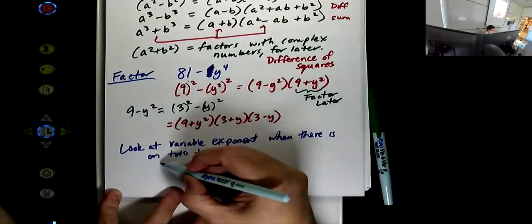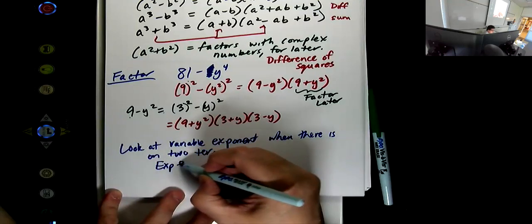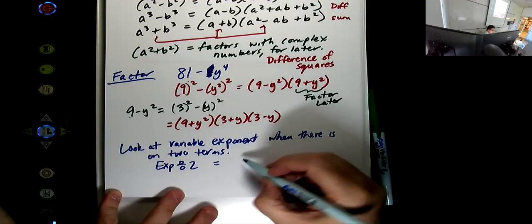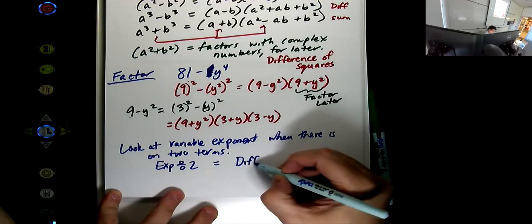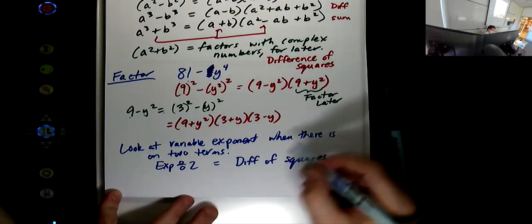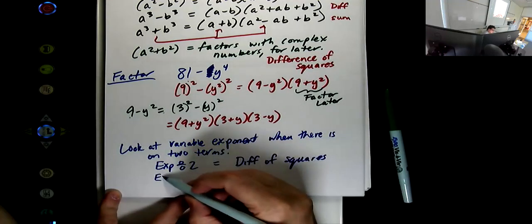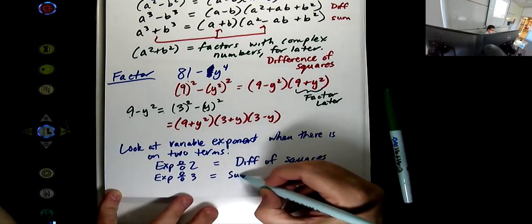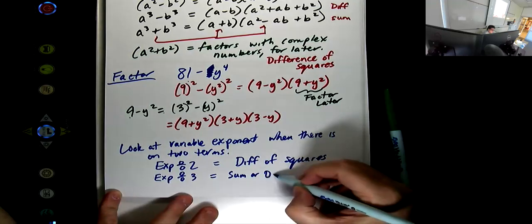If the exponent is divisible by 2, then it's going to be difference of squares at most. If the exponent is divisible by 3, this will be sum or difference of cubes depending on the sign.